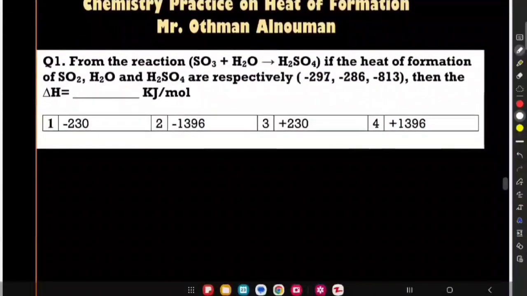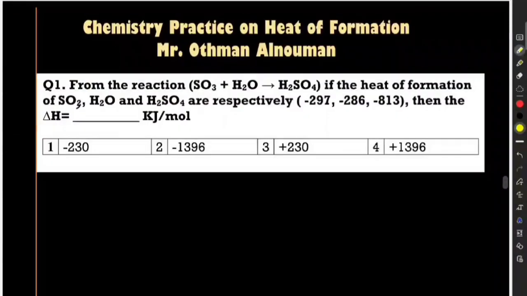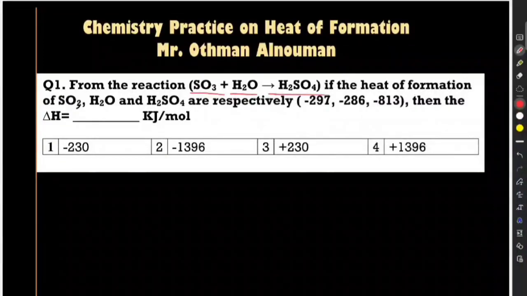Let's look at questions here. Here it says, from the reaction, we have sulfur trioxide plus water will give you sulfuric acid, and if the heats of formation of sulfur trioxide, water and sulfuric acid are respectively negative 297, negative 286, and negative 813, then the delta H of the reaction is what?